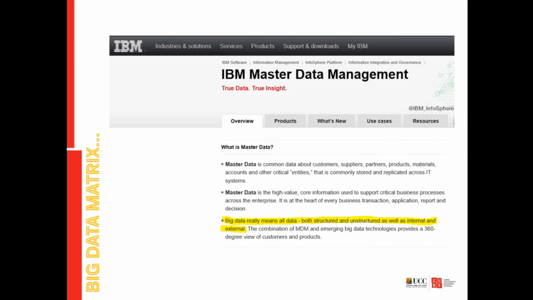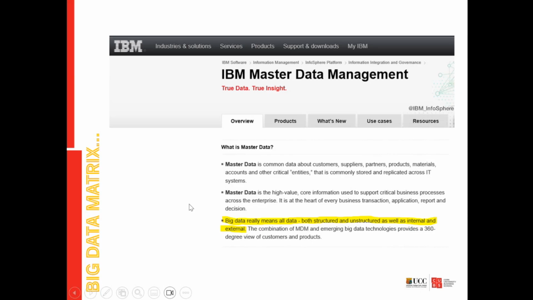I think it's providing a sense that there are two different types of data, structured and unstructured, and two different sources of data, internal and external. It's not necessarily suggesting a complete definition of big data, but it allows us to see this description more visually.